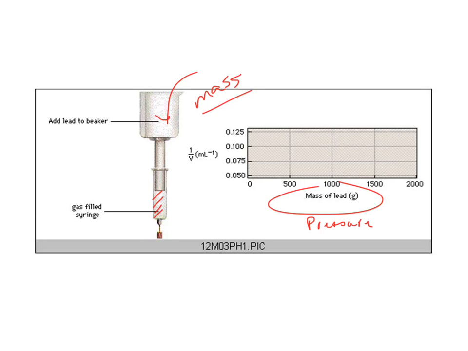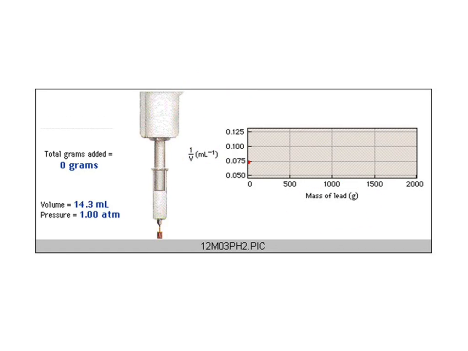Now, instead of volume, though, notice what's plotted along the y-axis is the inverse, or 1 over volume. So check this out. With nothing in the cup, we have 0 mass, and again, mass can be directly related to pressure. And the volume we have here is 14.3 milliliters at 1 atmosphere pressure.